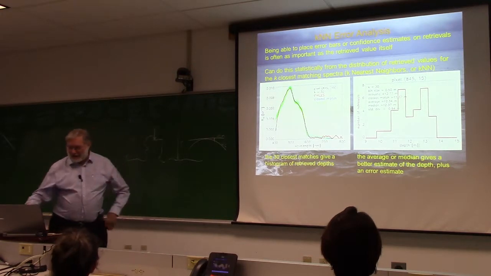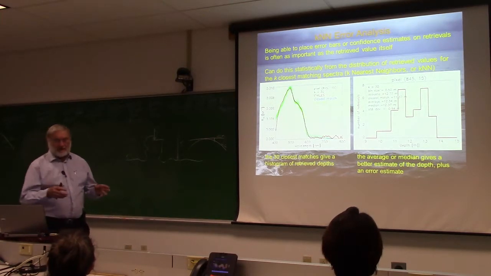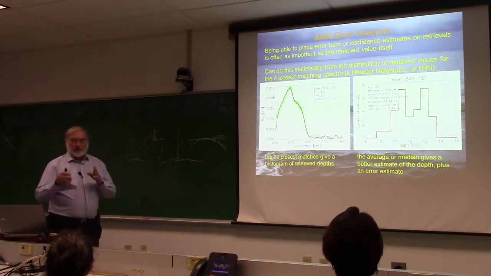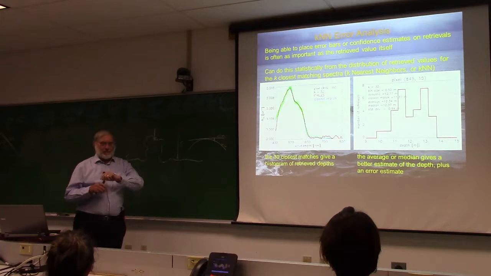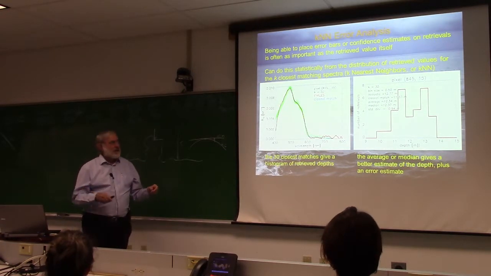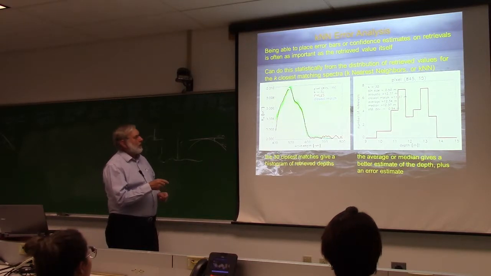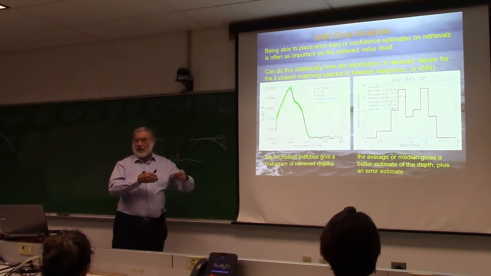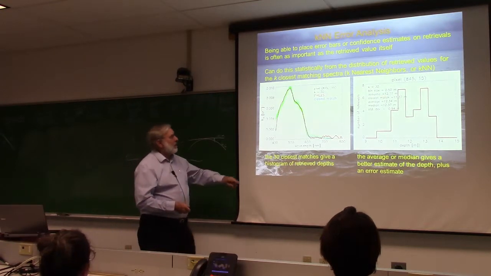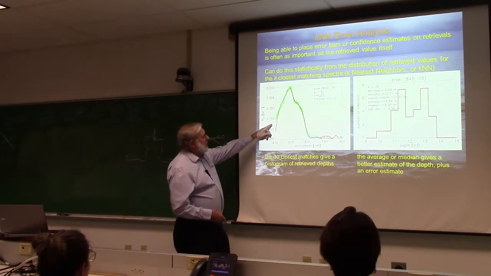Now, one of the nice things about matching to database spectra, as opposed to just matching to a model, is that in the model, you force it to find the best fit, and you get one answer. Here, I get the one closest fit, but I can also look at the ones that were not quite the closest. So here's just one image, for example.